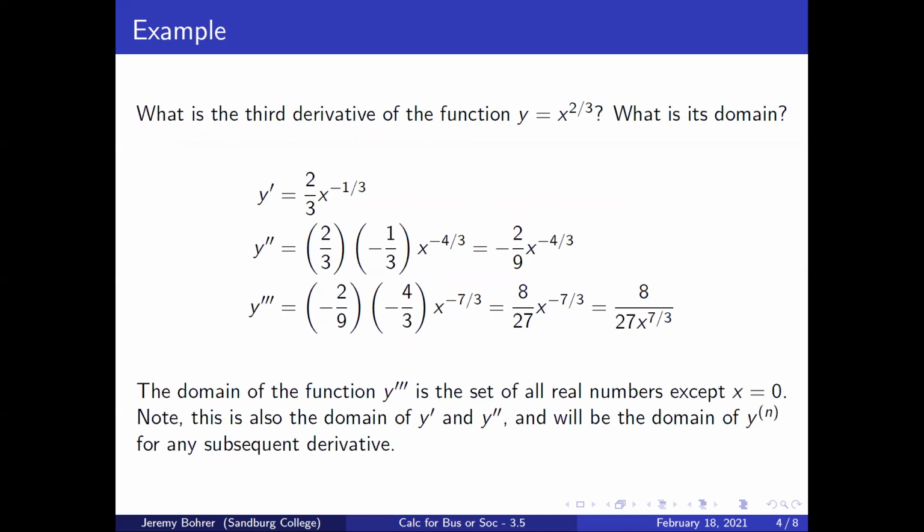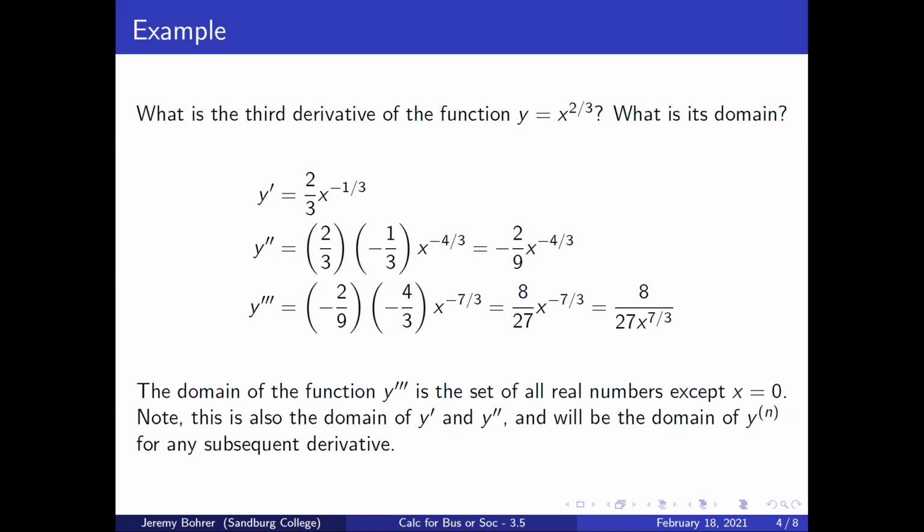What is the third derivative of the function y equals x to the 2/3, and what is its domain? So we take each of the derivatives. If y is x to the 2/3, then y prime is 2/3 x to the negative 1/3. y double prime is 2/3 times negative 1/3 times x to the negative 4/3, or negative 2/9 x to the negative 4/3.